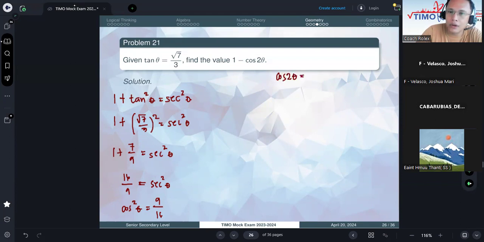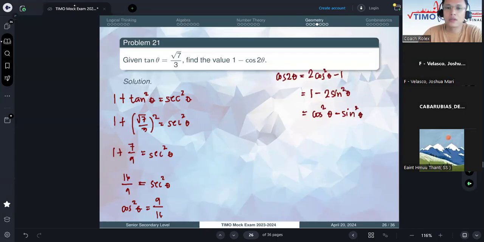You can use 2 cosine squared theta minus 1. You can also use 1 minus 2 sine squared theta. And lastly, you can use cosine squared theta minus sine squared theta. But take note that we only have cosine squared, so we will utilize this one, right?